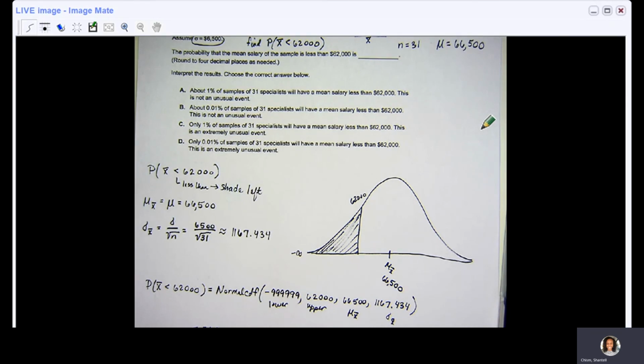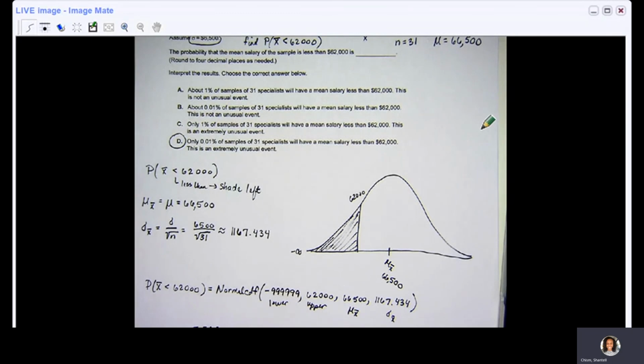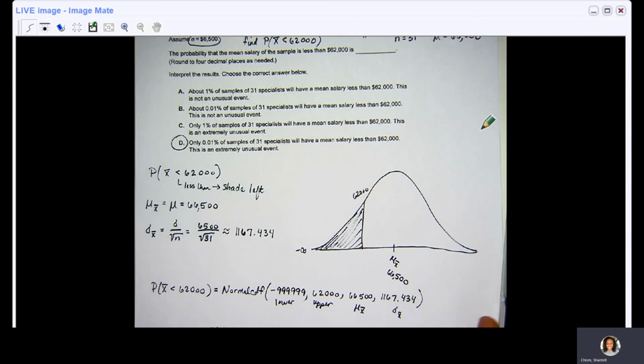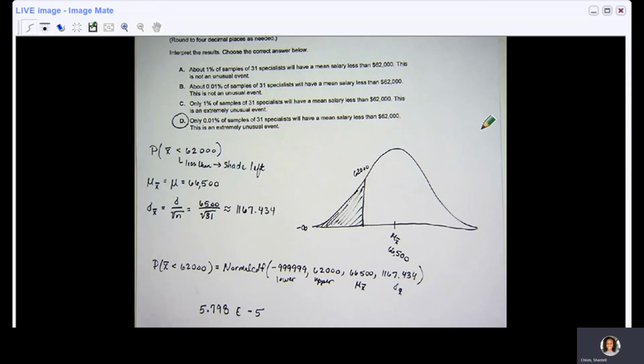Okay, part D. Only 0.01% of samples of 31 specialists will have a mean salary less than $62,000. This is an extremely unusual event. D is the correct answer. This is very unusual because it is less than 5%, extremely less than 5%. Okay, very, very small. So it is definitely unusual.